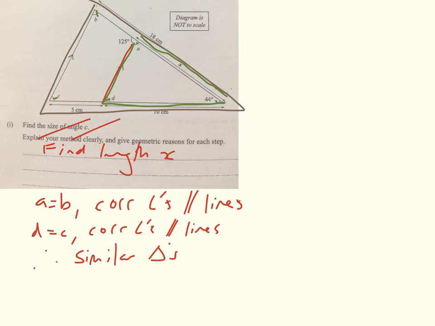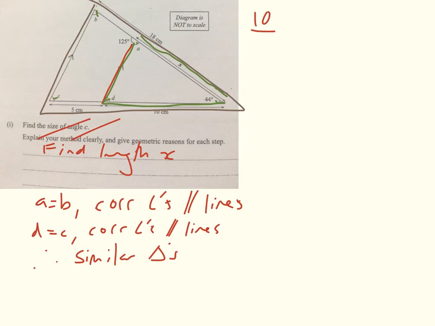The way we do it is we write them in terms of ratios. So we write the short side of the green triangle, this side here. How long is the short triangle for that side there? 10. So it's going to be 10 divided by the same side, but now the long triangle.